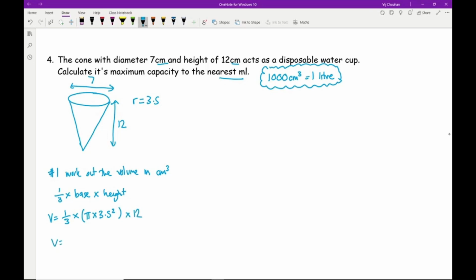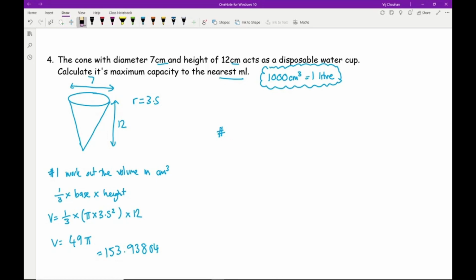Now if I type that all into my calculator, I've got 1/3 times pi times 3.5 squared times 12, I get an answer of 49 pi, which therefore equals, if I convert that into a decimal, 153.93804 to 5 decimal places.